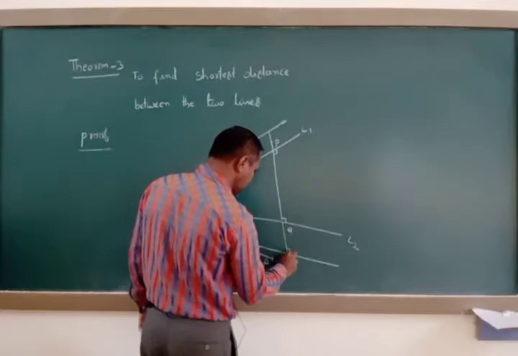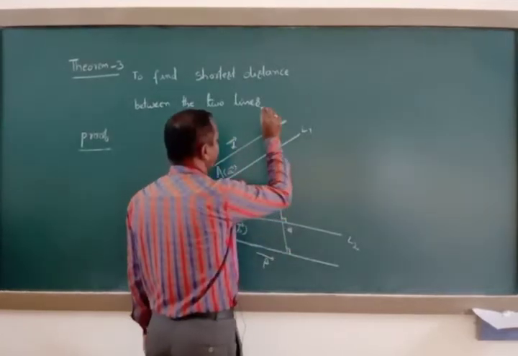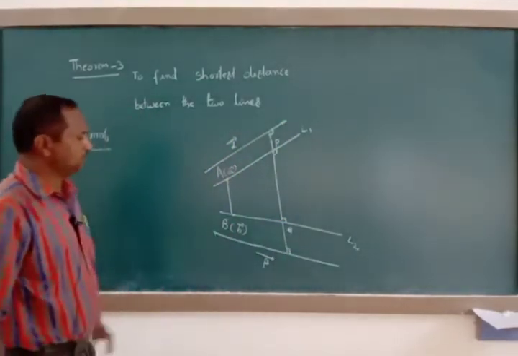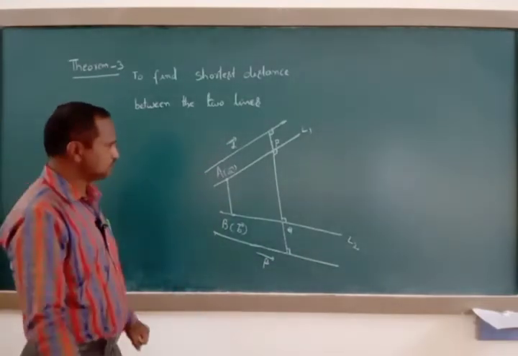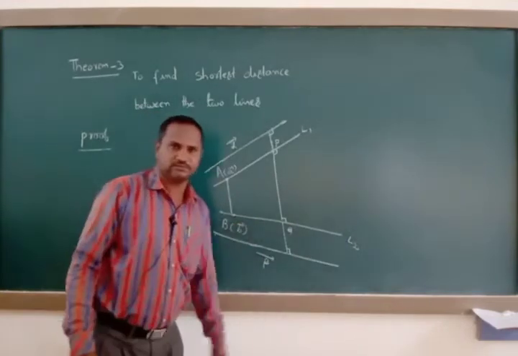This is also perpendicular to alpha vector and beta vector. Then we have to find the distance of AB, or the distance of PQ here.